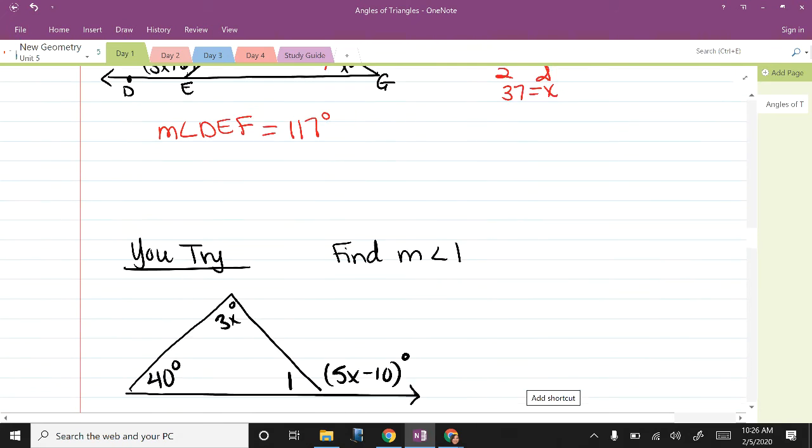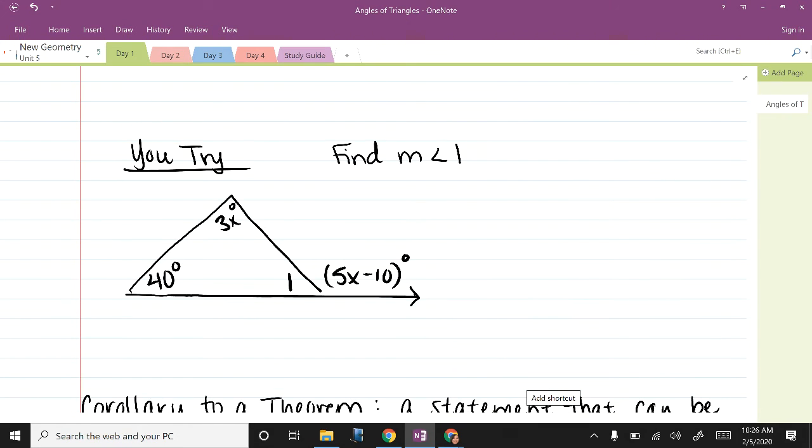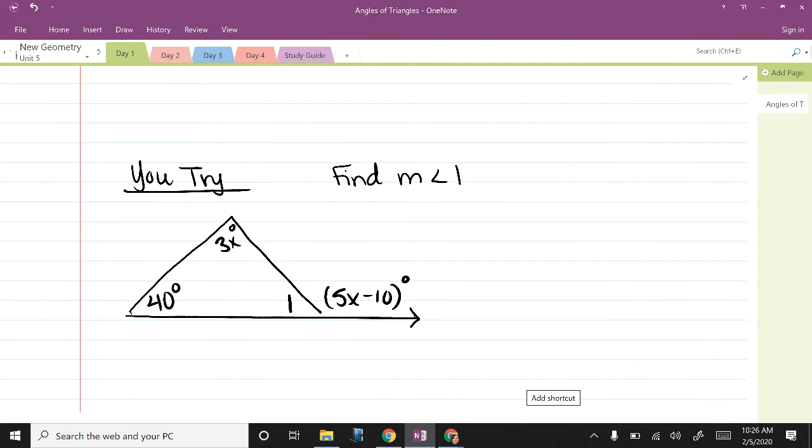This one is a you try. Let's talk about strategy. You're finding the measure of angle 1. So what will you have to do first? Find X. And then there's a couple of things you could do to find the measure of angle 1, couldn't you?